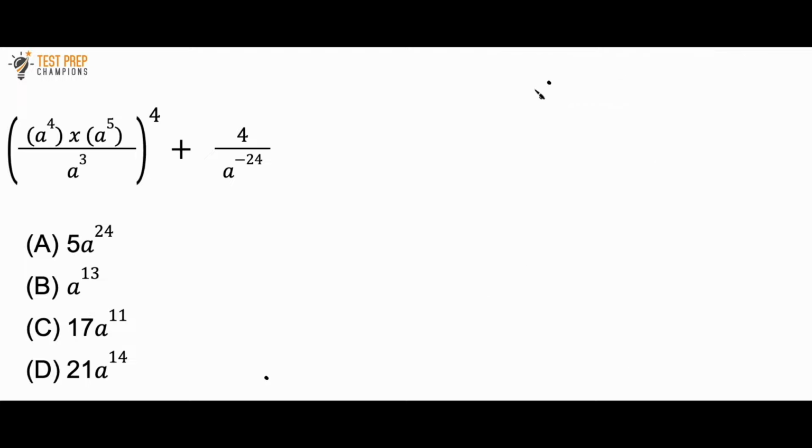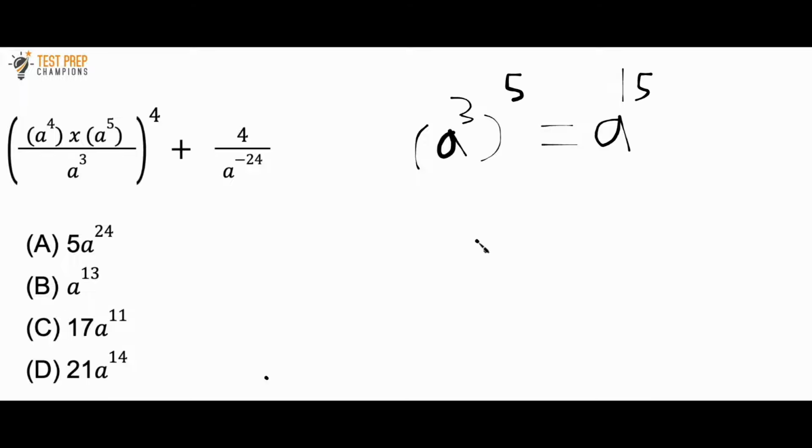Lastly, we have the case where we're raising a number with an exponent to another exponent. Let's say we've got a raised to the 3rd, raised to the 5th. What we do here is multiply the exponents, so this is the same as a raised to the power of 15.